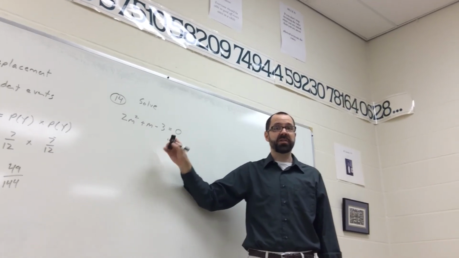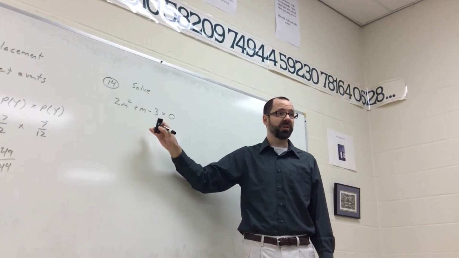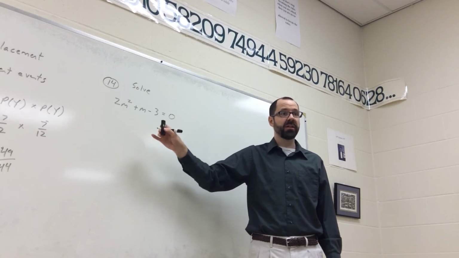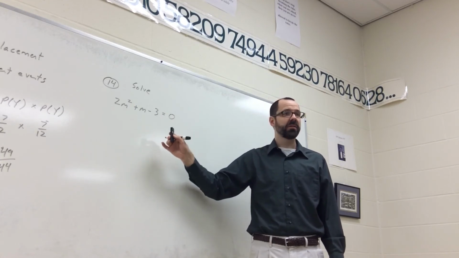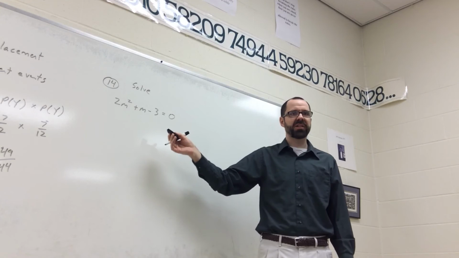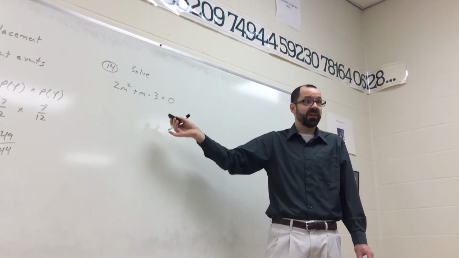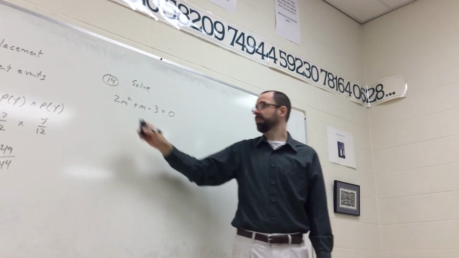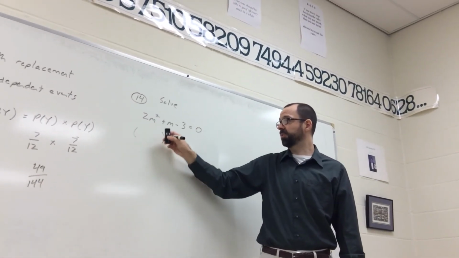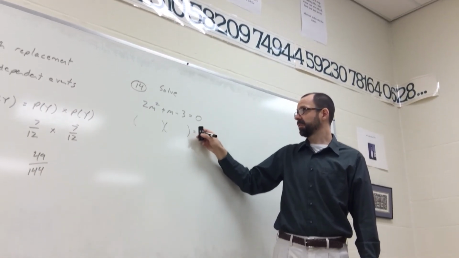There's two options on how to solve problems like this. You can do quadratic formula, which I think you guys are pretty good at, and then there's factoring. So since I feel like you need more practice on factoring, I'm going to choose that option. But when you're doing problems on your own, you're allowed to use quadratic formula. All right, so the way factoring works is you put down two sets of parentheses.